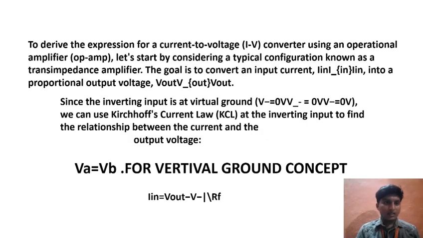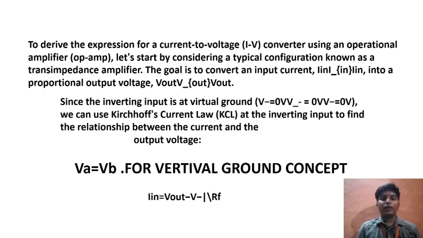We can see the derivation of the expression for the current to voltage converter using an operational amplifier. Let's start by considering a typical configuration known as the transimpedance amplifier.